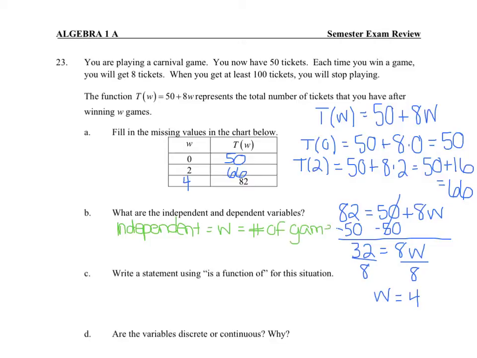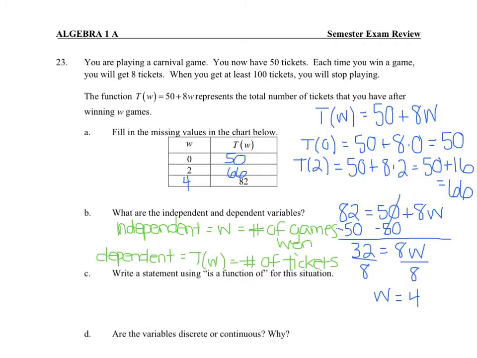You want to be more specific than just w. You want to state exactly what it is. Our dependent is t of w, which is the number of tickets.